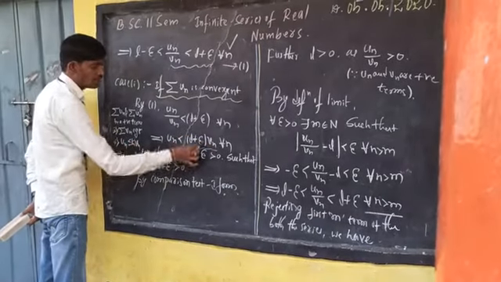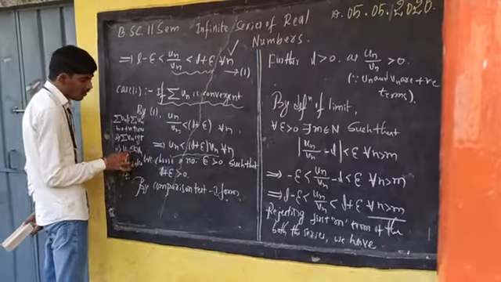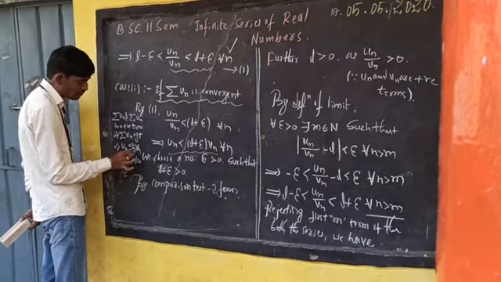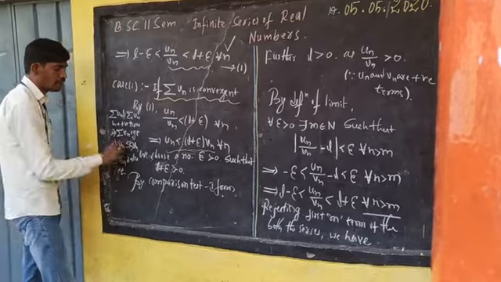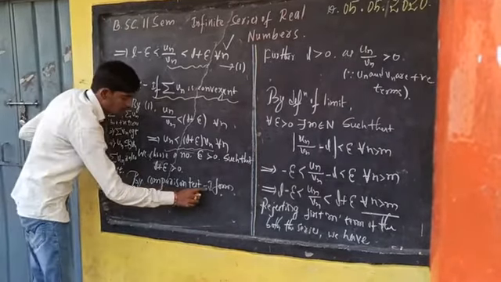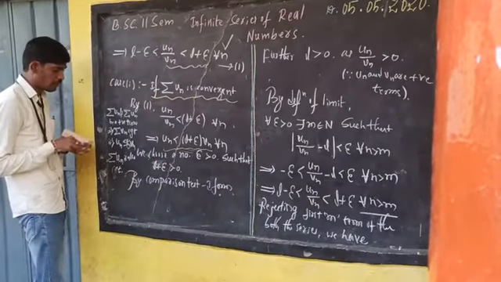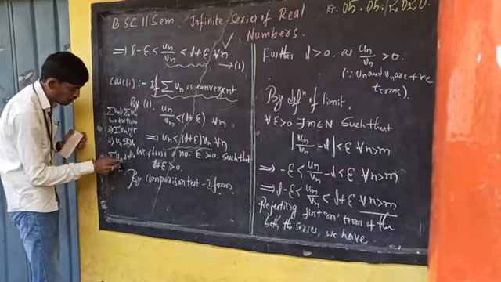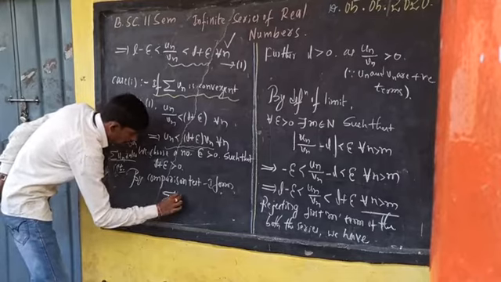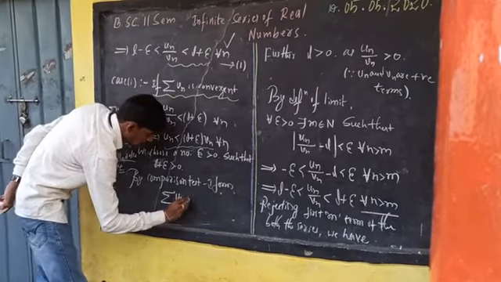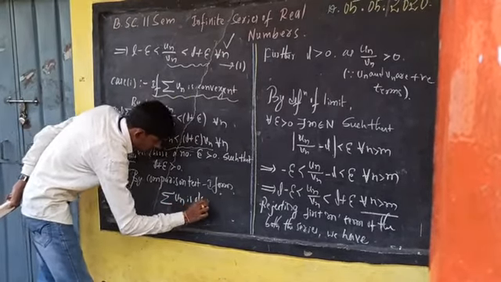This quantity k is greater than 0, it must be positive, and L plus epsilon is greater than 0. By the comparison test first form, summation un is also convergent.